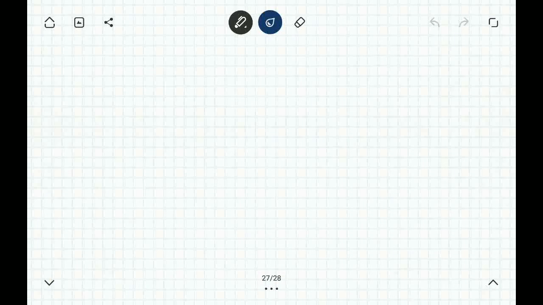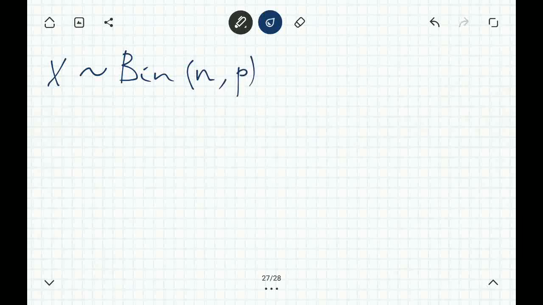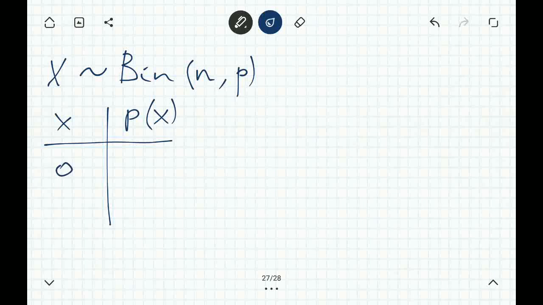So if you have some random variable which has the binomial distribution with n trials and probability p, then for x equals 0, you will have C 0 out of n, p power 0, q power n, which is of course just q to the n.